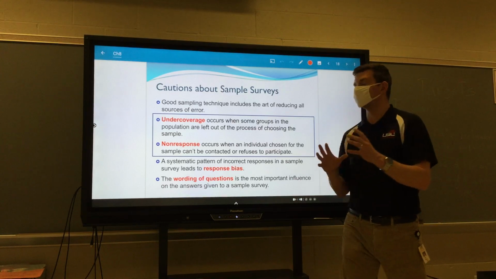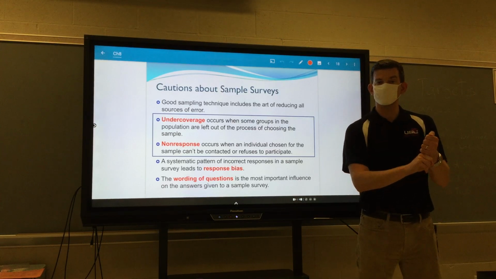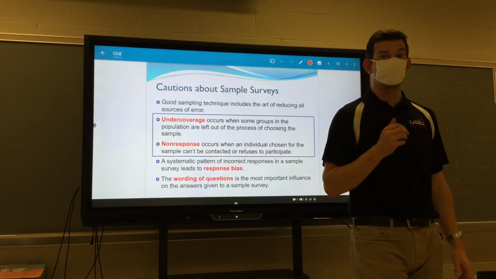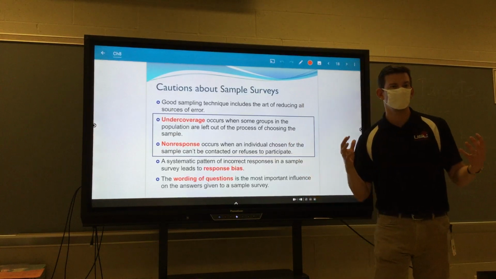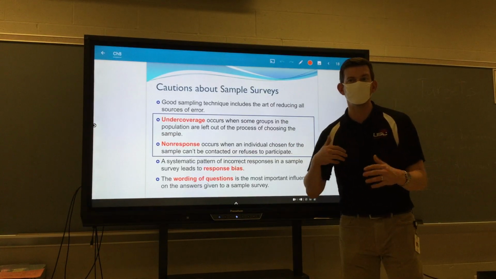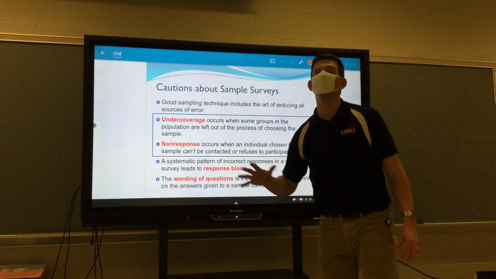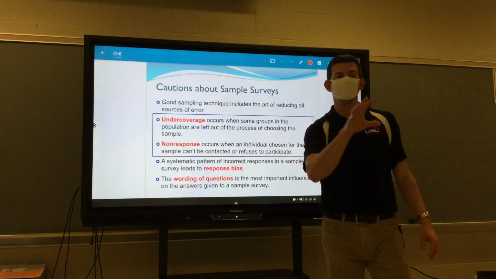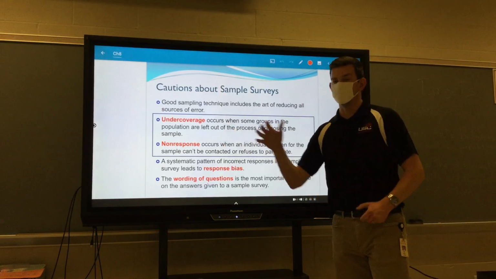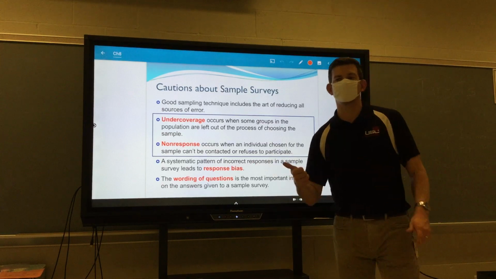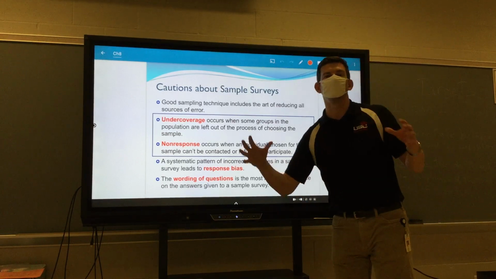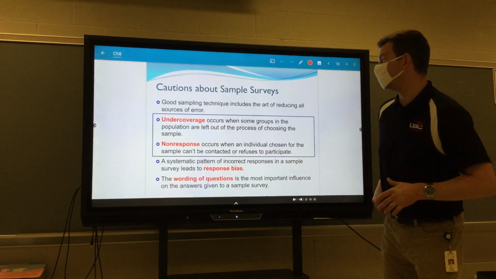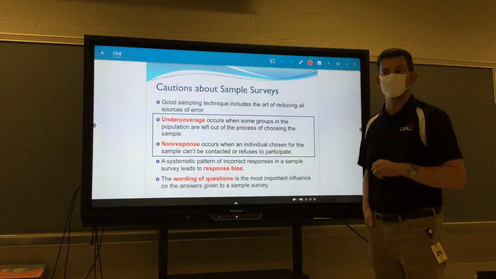And it wasn't reaching a lot of rural voters, because they had all this technology that was available to them for the first time on a mass scale. And the way they were implementing it wasn't representative of all likely voters. They didn't get to a number of communities that didn't have the technology that was more common in urban or suburban regions. And that led to undercoverage in their surveys, in their polls.